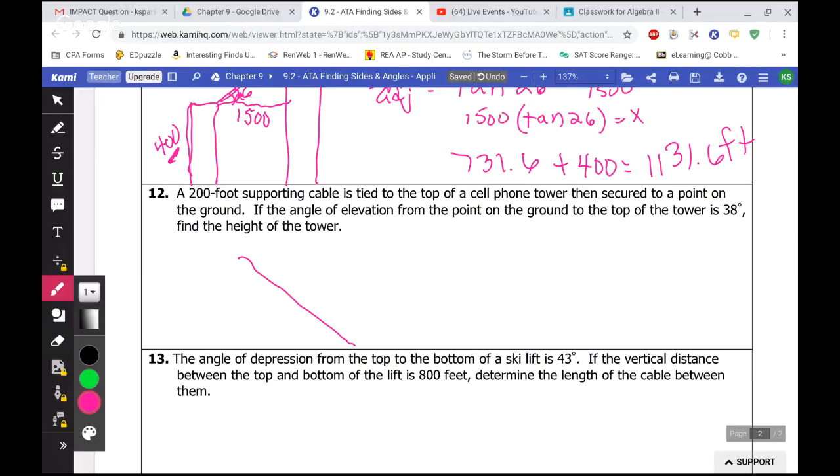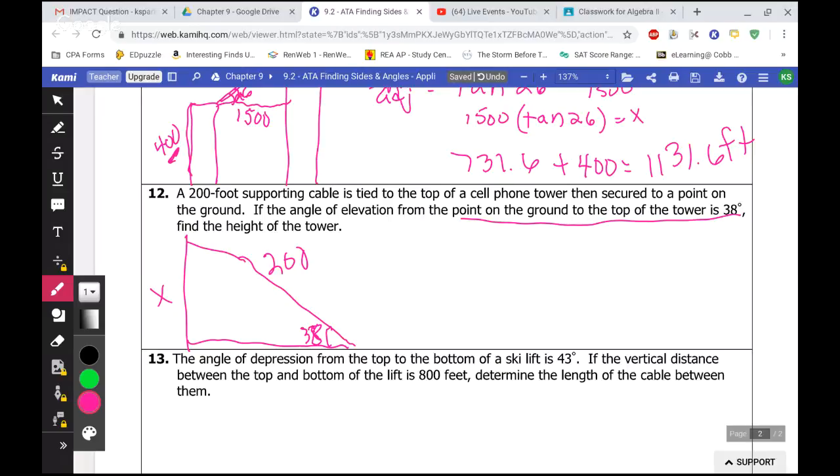If the angle of elevation from the point on the ground to the top of the tower, so that means this angle is 38. It wants to know, this is 200. It wants to know what the height is.